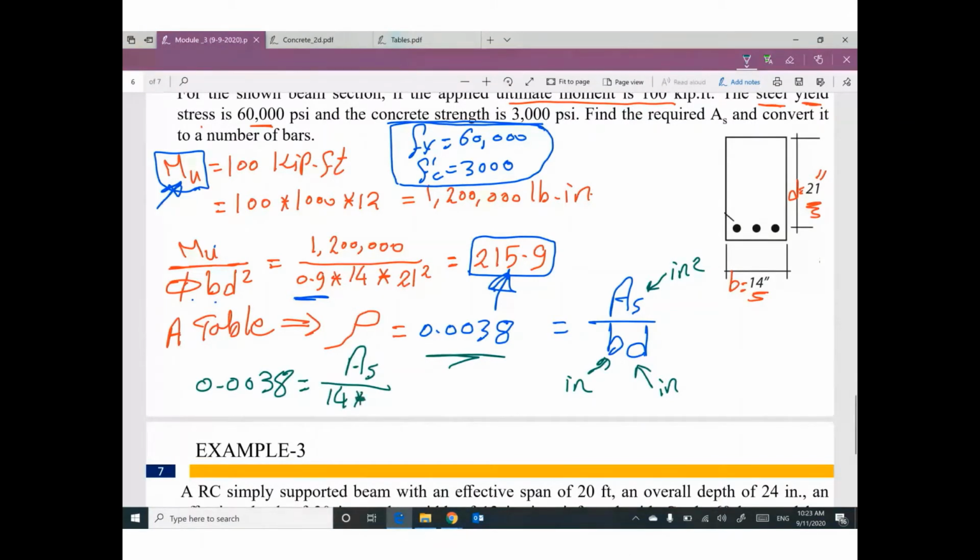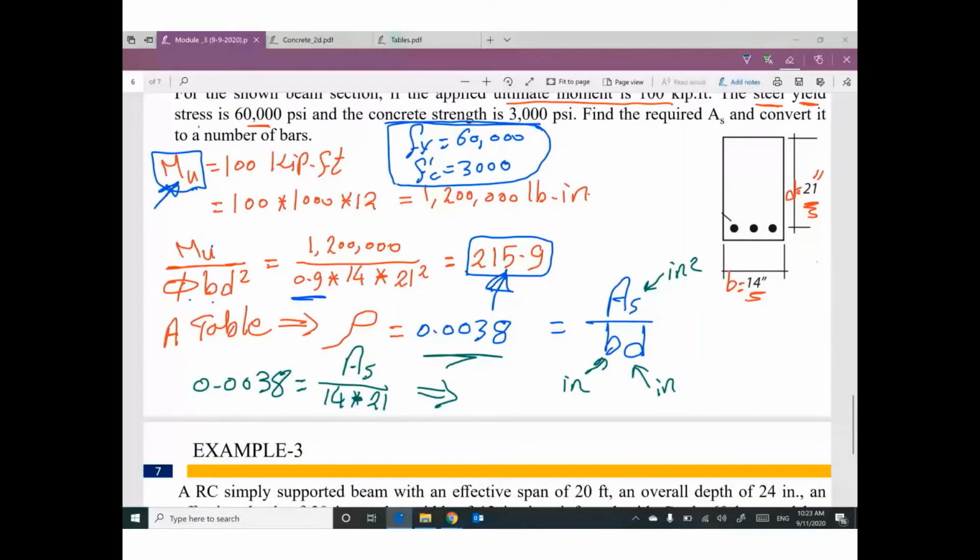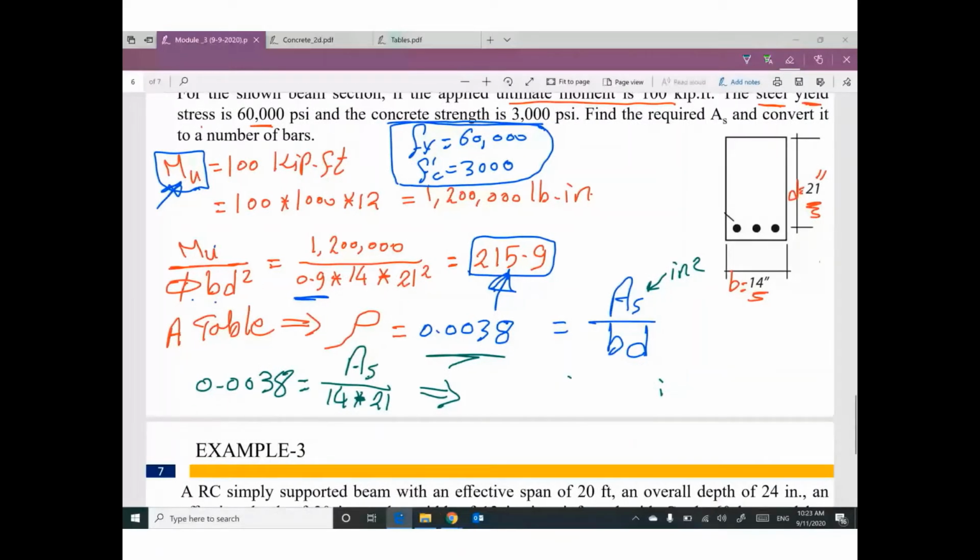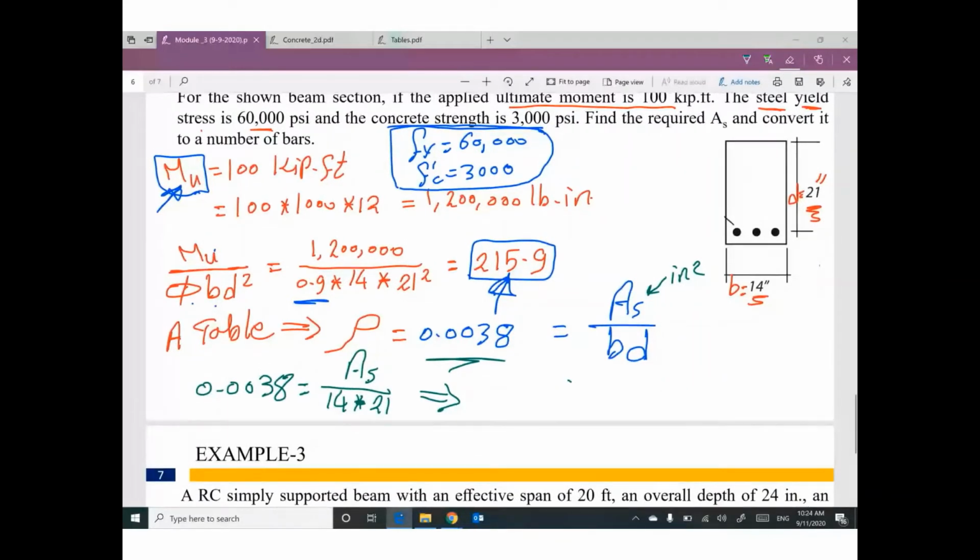The only unknown in this little equation is area steel. So I can figure out the value of area steel. Your value of area steel equal 14 times 21 times 0.0038. Your value will be 1.1172 inches square.